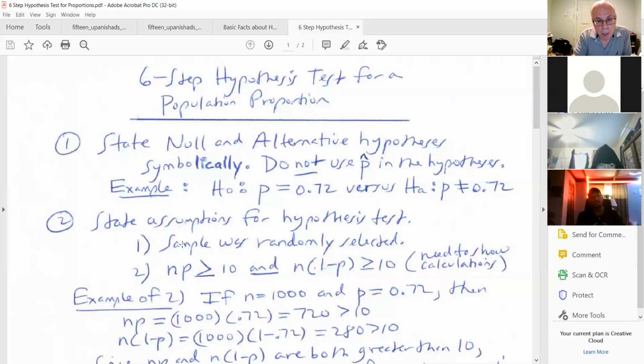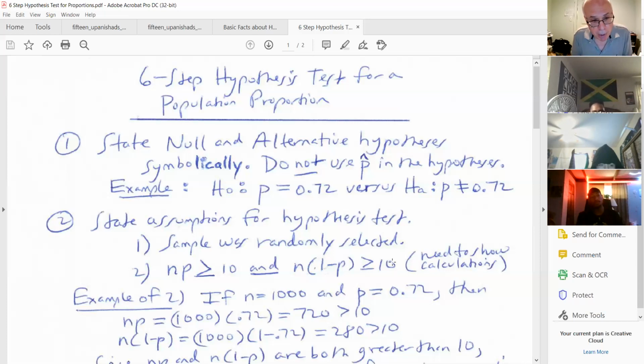Number 2. Now, assumptions for the hypothesis test. There are 2 assumptions. If you forget one of them, you don't get the full credit, again, for the final exam. All right. Number 1, and this is true for any hypothesis test, the sample was randomly selected. If the sample is not randomly selected, if it's a convenience sample, something like that, guess what?